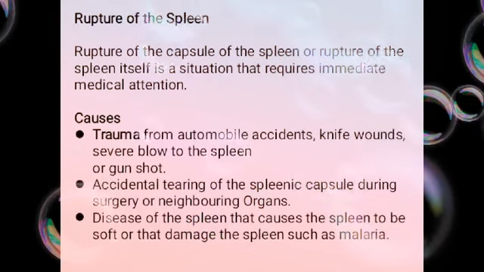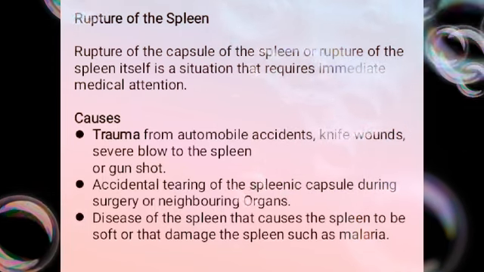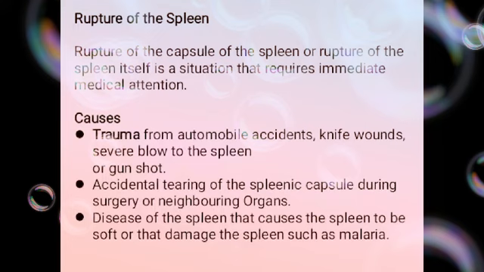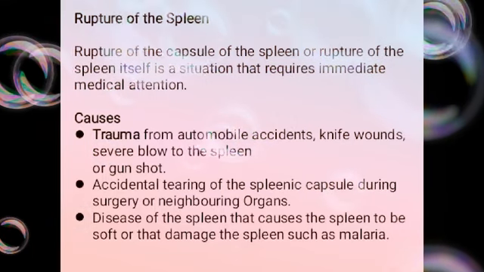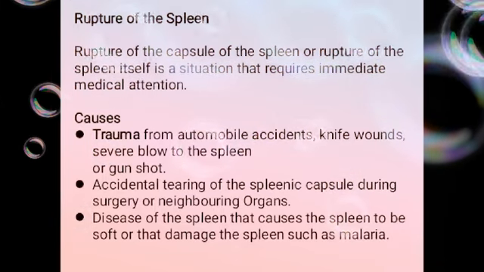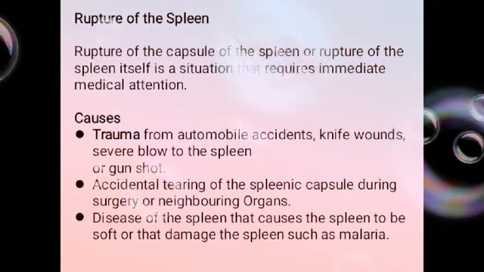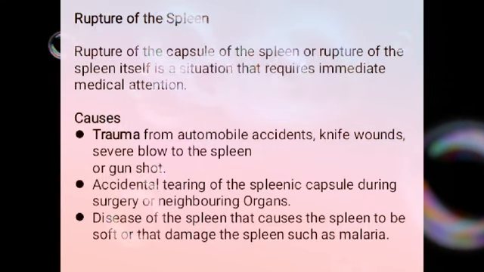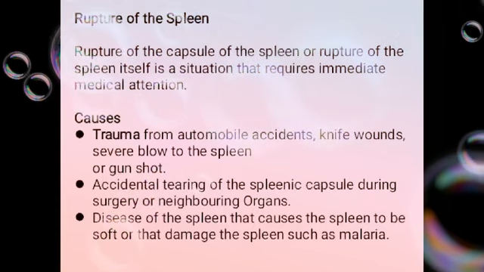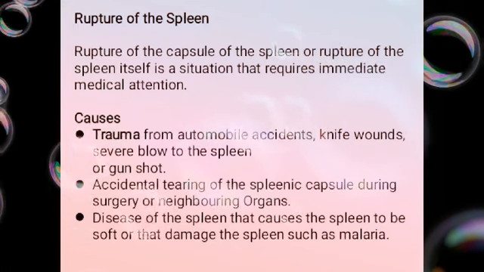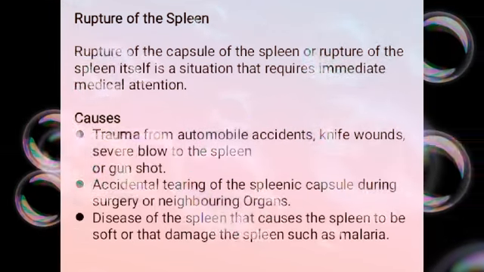Or sometimes there are just diseases that can be present, like we have already said, disease of the spleen itself, and other systemic infections like malaria. Due to the inflammatory process that is going to be taking place, it is going to make the spleen more friable and prone to rupturing. Hence, we are saying that these could be just some causes of the rupture of the spleen.